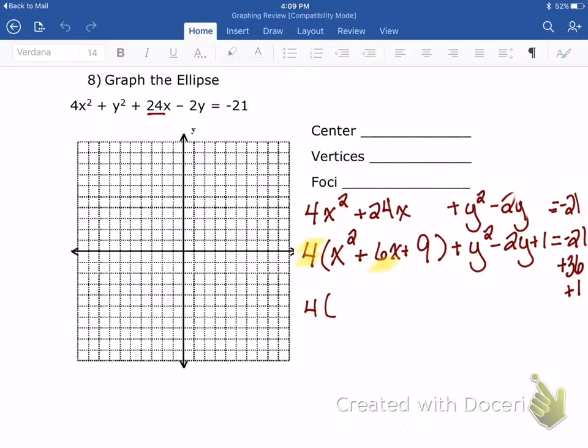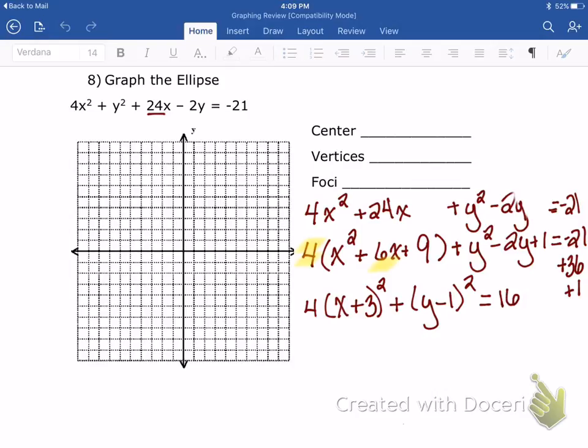I have 4 times (x plus 3) squared. Then I have my y values, and it's (y minus 1) squared. Then when I add everything up over here, I end up with 16, because negative 21 plus 36 would give me positive 15, plus 1 would give me 16.